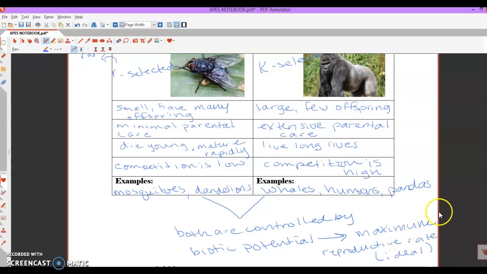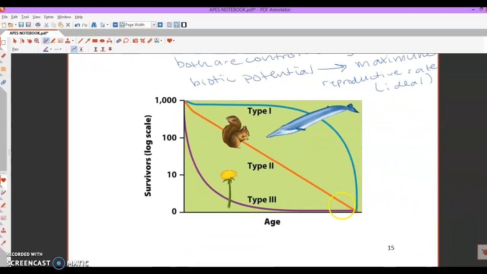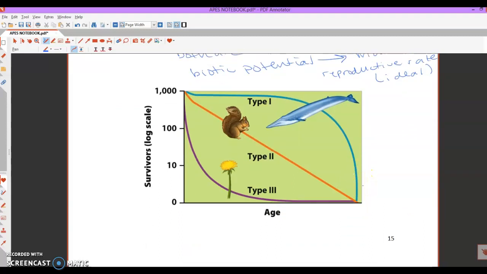Now, when we look at R versus K selected species, their survivorship curves are also going to be different. So when we're graphing the age at which an organism dies, it creates a survivorship curve. So we're going to label this. This is a survivorship curve. All right. And so what is a survivorship curve?